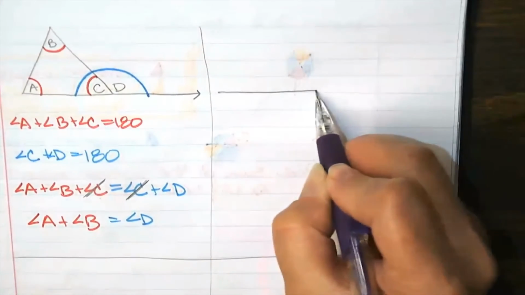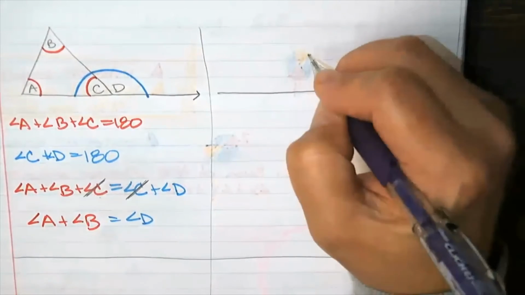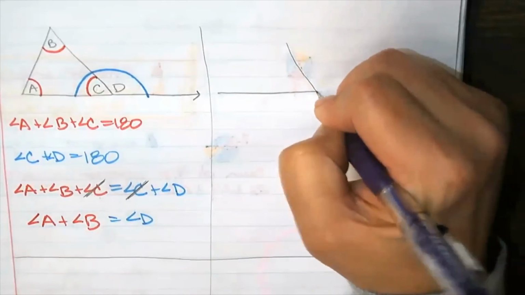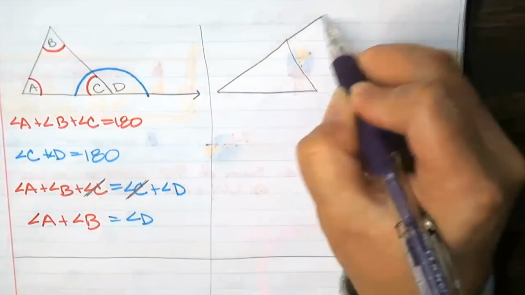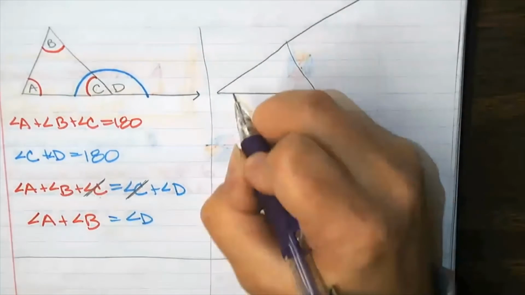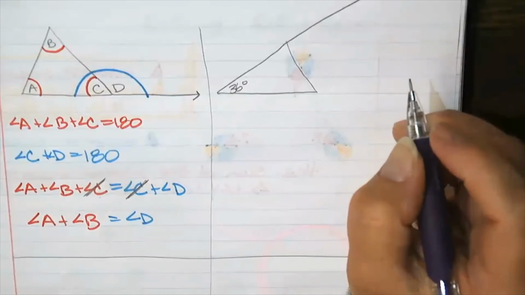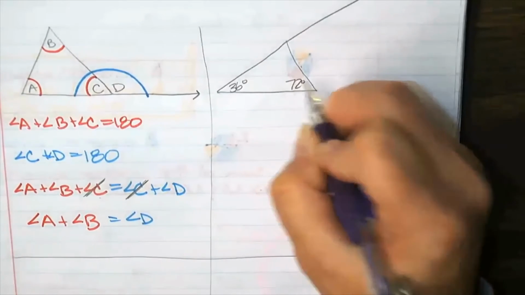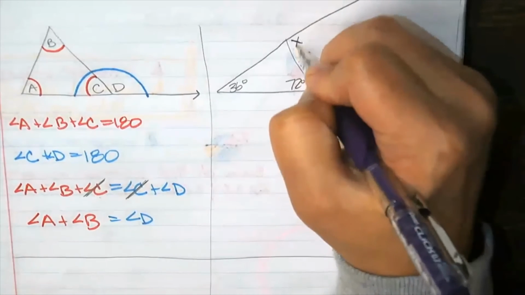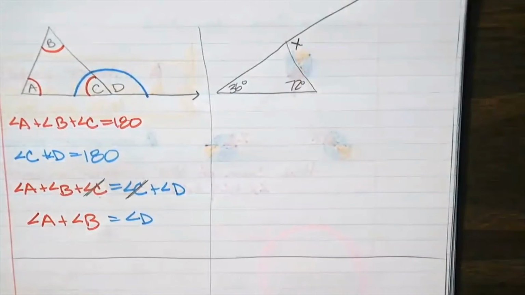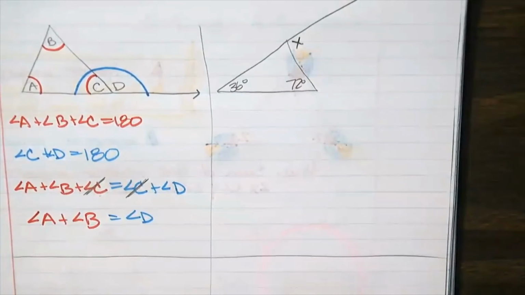So we have this triangle. This is 36 degrees. This is 72 degrees, and we need to figure out angle X. There are two ways we can go about solving this.